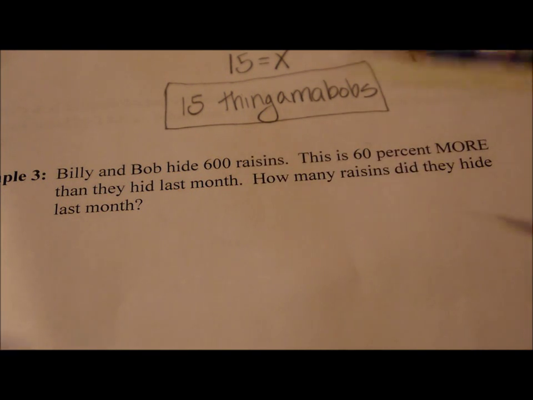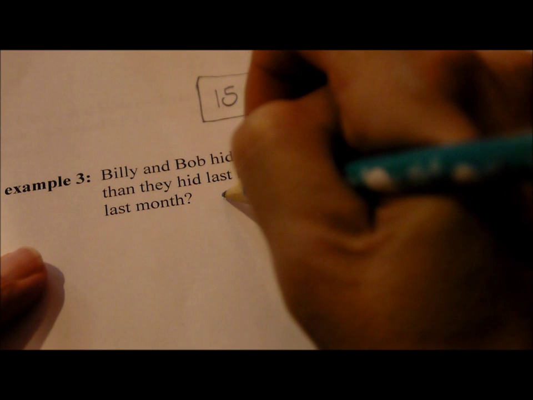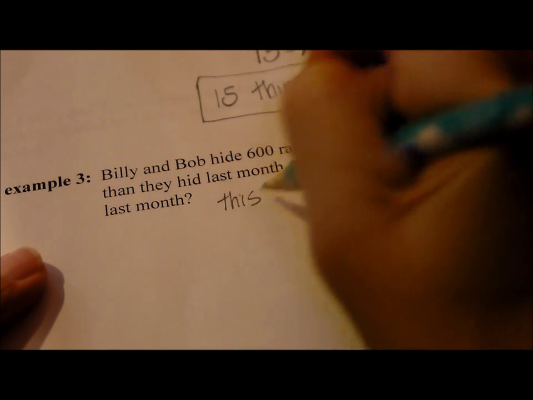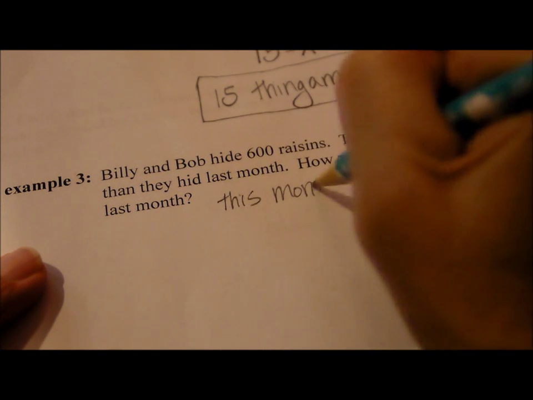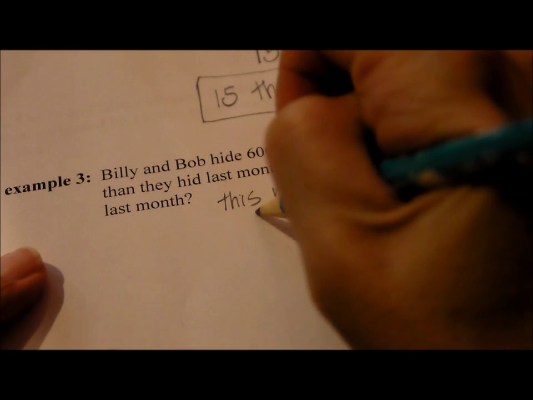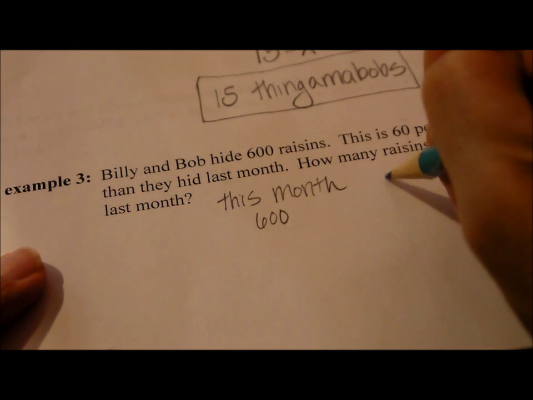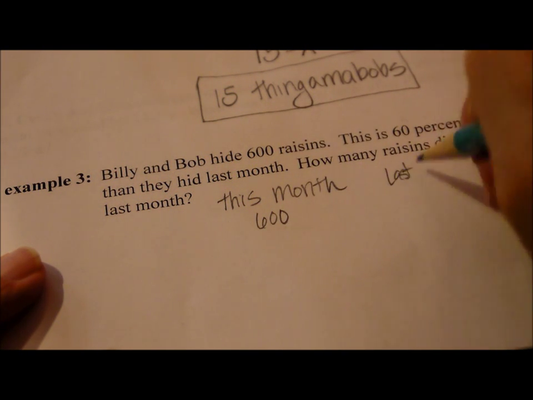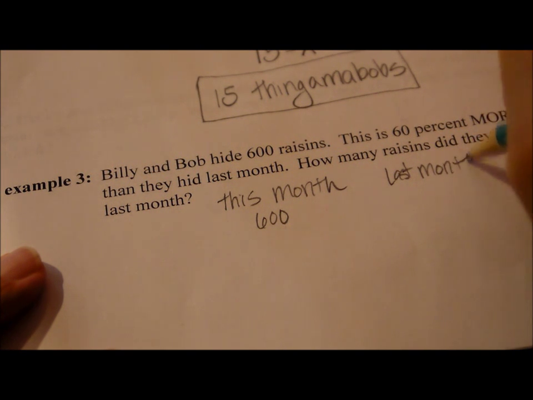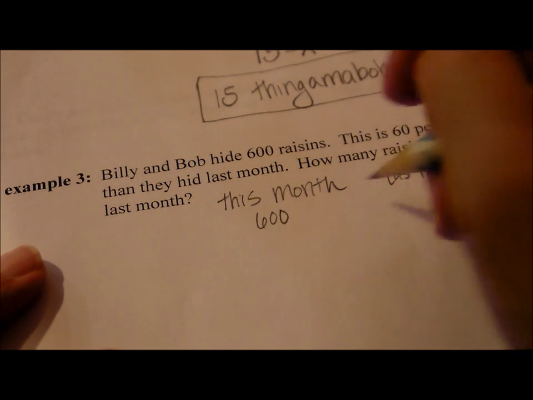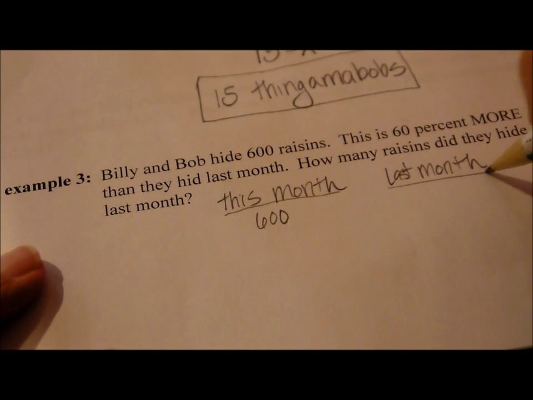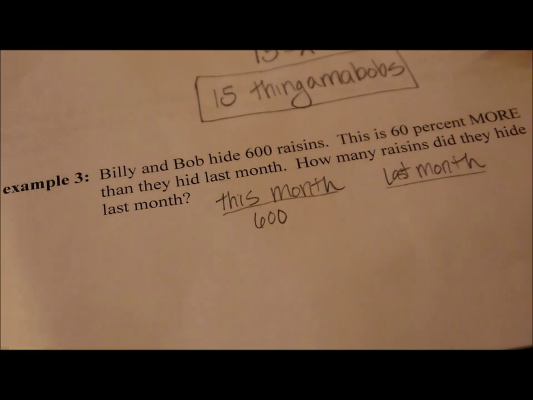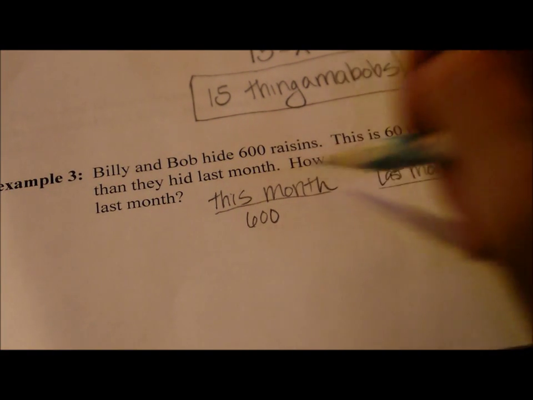This month, let's just put this down, is 600, okay? Last month, so let's just get this clearer. If this month is 600, this is 60% more than they hid last month.